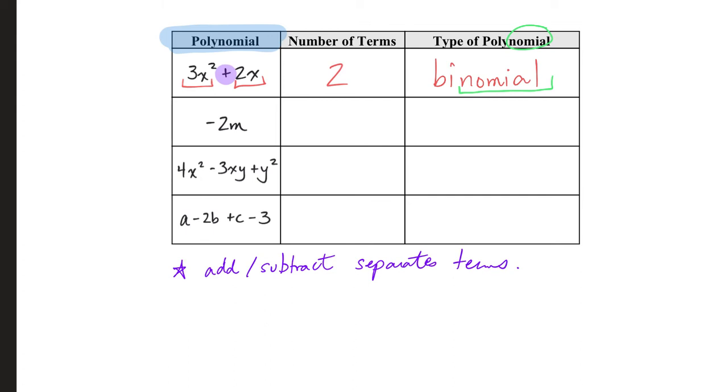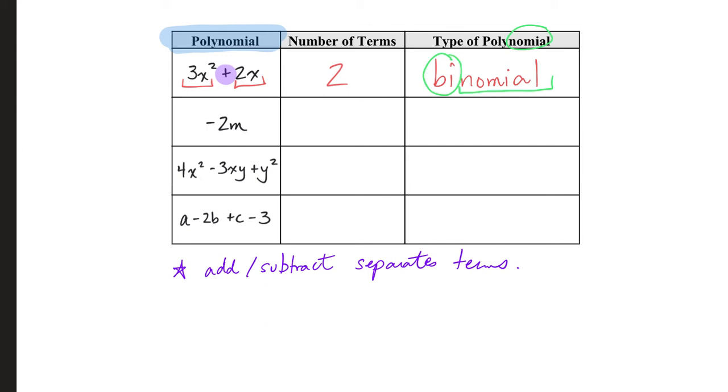Poly can mean many. So the fact that a two-term expression starts with bi, like bicycle, bicycles have two wheels, I don't think should surprise us that much.